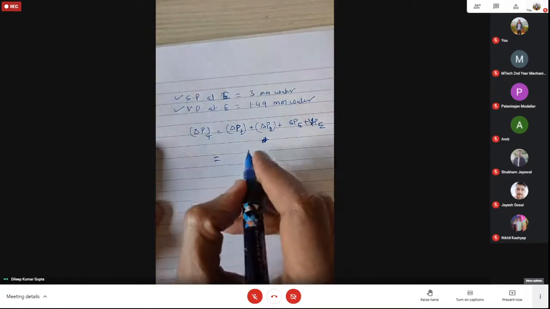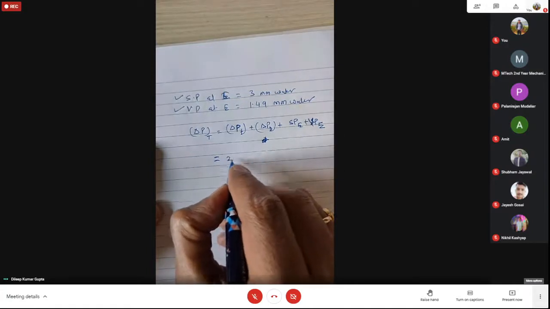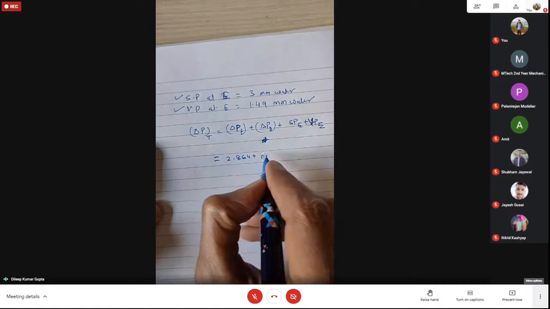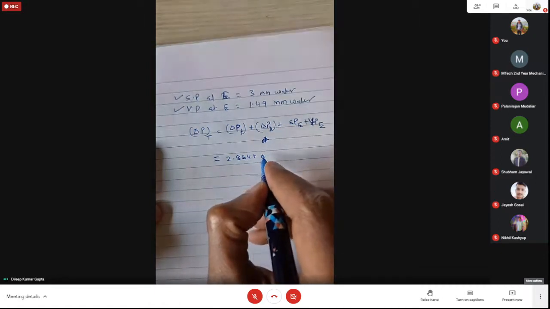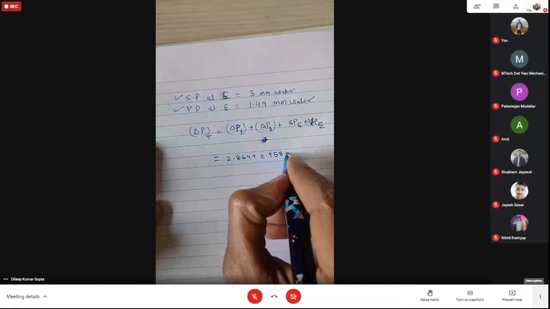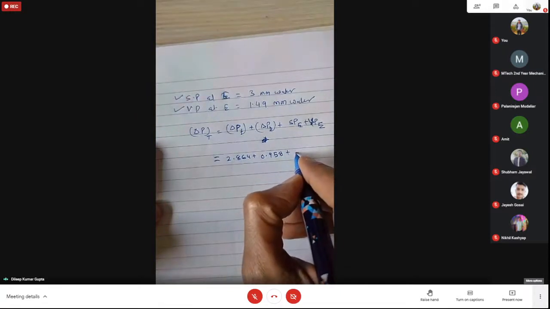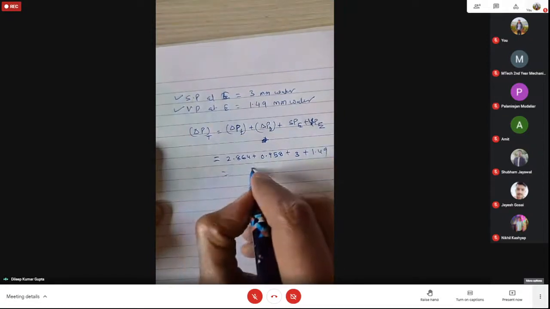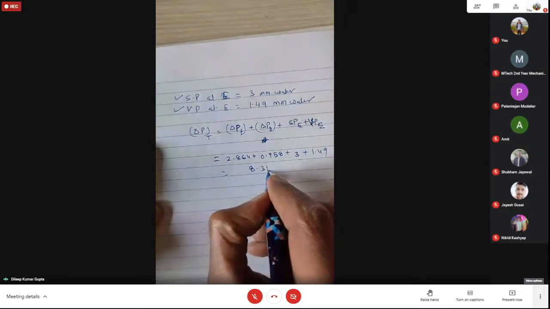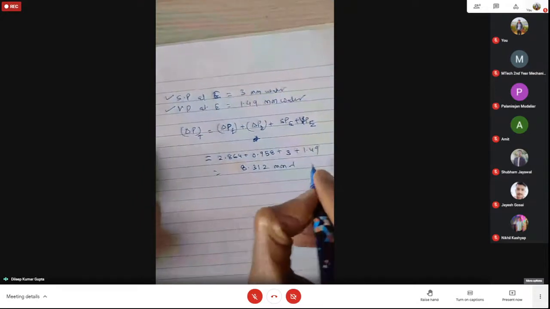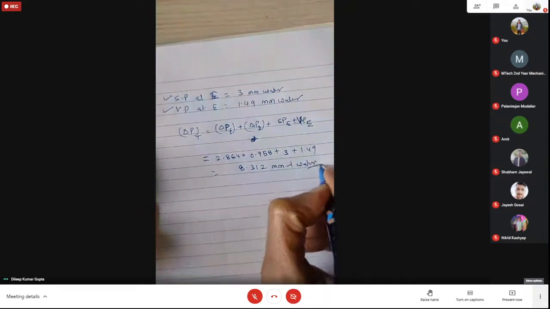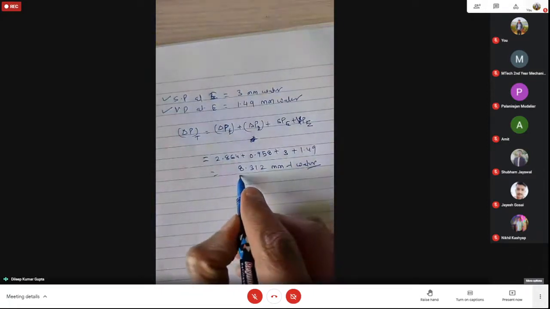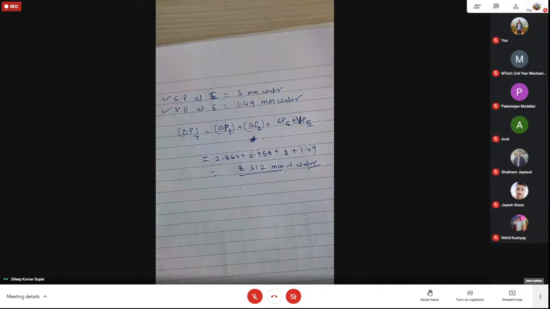So out of these you will get the value of 2.864 plus this we got 0.958 plus this we got as 1.3 plus this is 1.49, and total we are getting is 8.312 of water. This is the total pressure loss that has to be compensated by the fan. Am I clear?